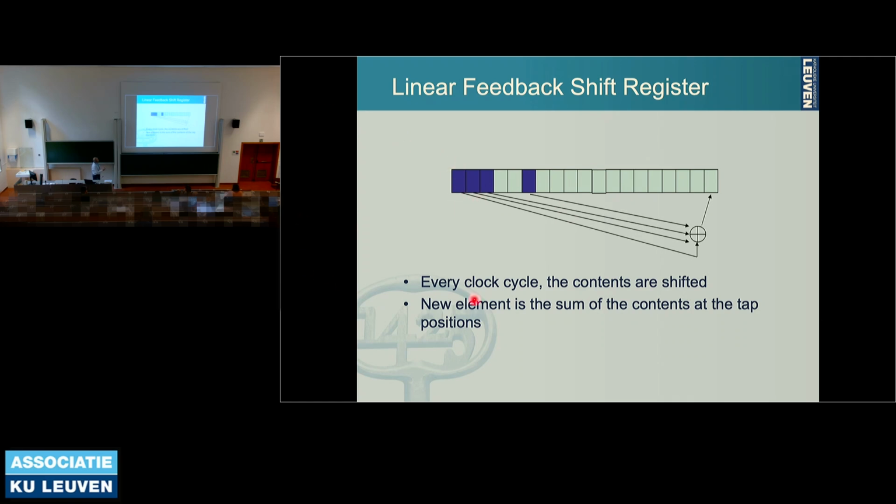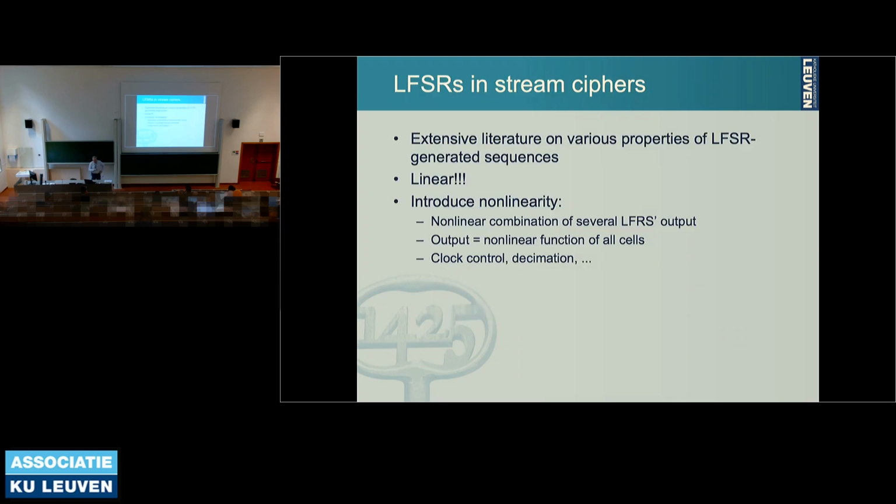And on the right, we shift in a linear combination of some of the cells' contents. And so part of the design is which cells you should combine in order to get good properties here. There's a whole theory about how you have to select them. It's related to divisibility of polynomials and stuff. And if you do that well, you can have some interesting properties.